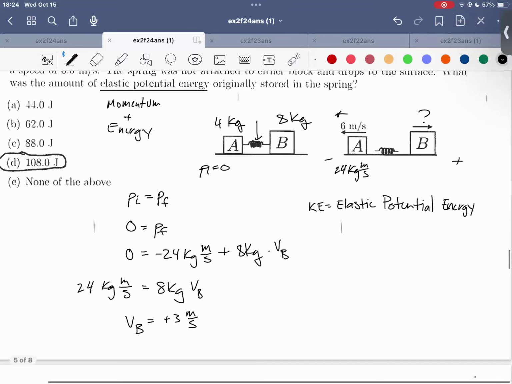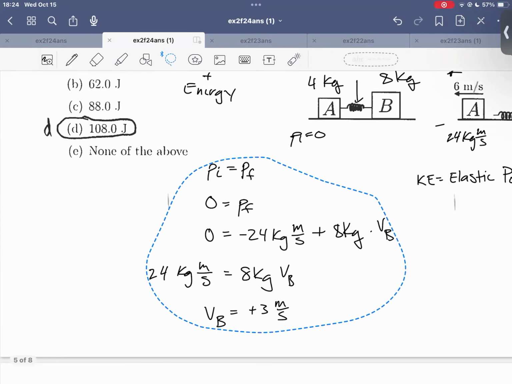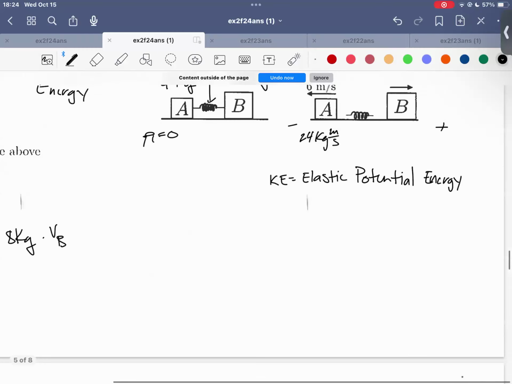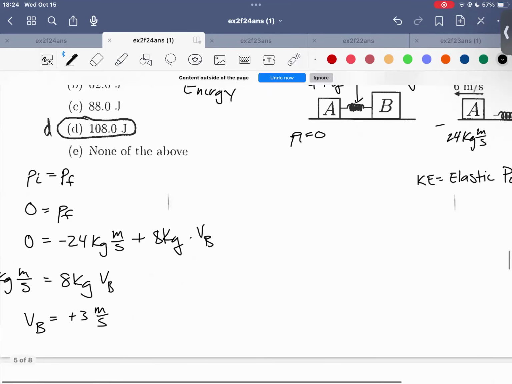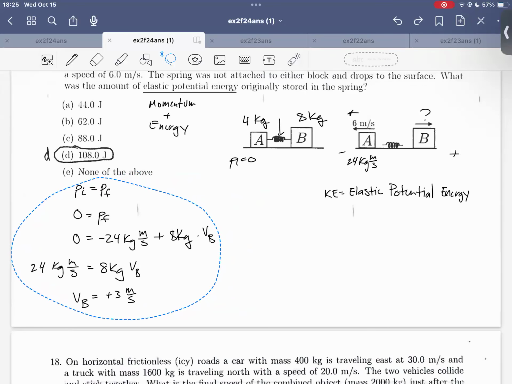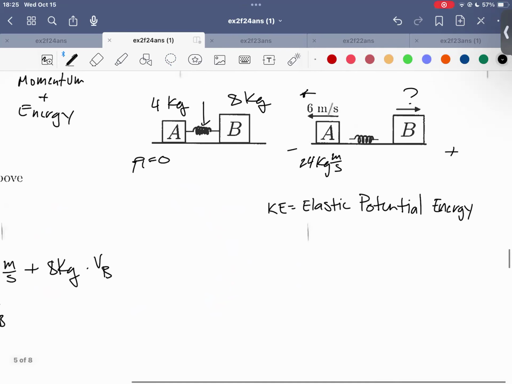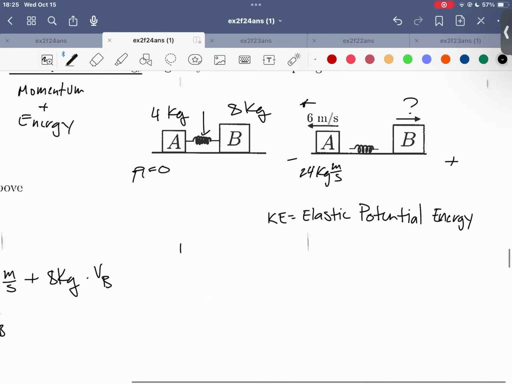So then we say 1/2 m_A v_A squared plus 1/2 m_B v_B squared is equal to elastic energy.